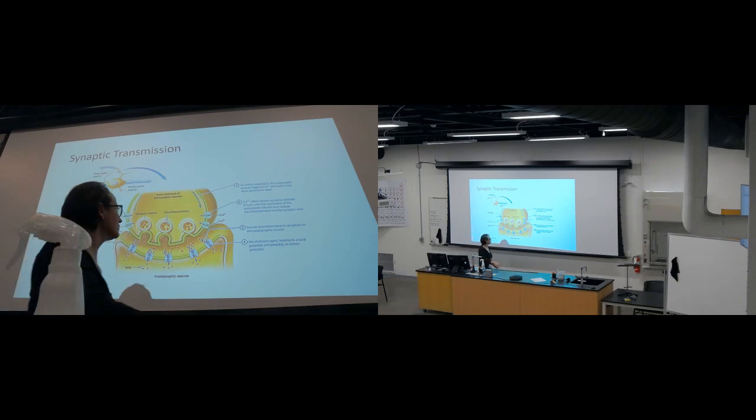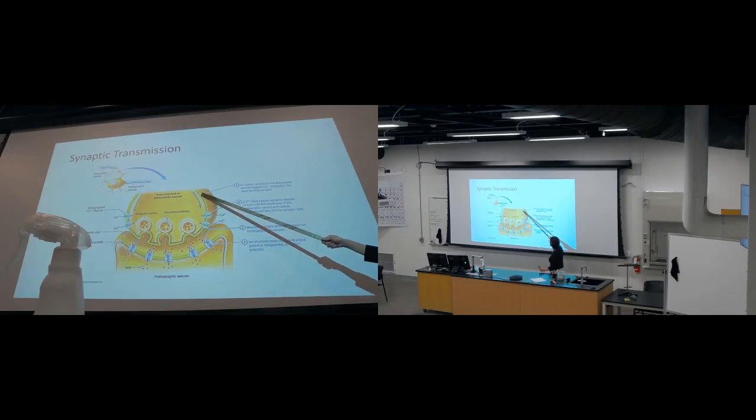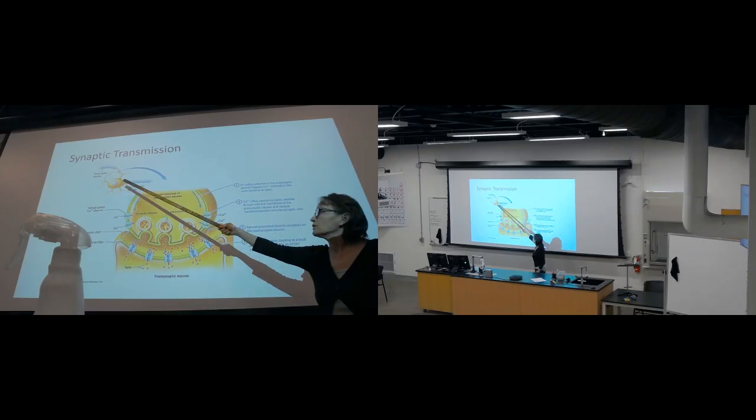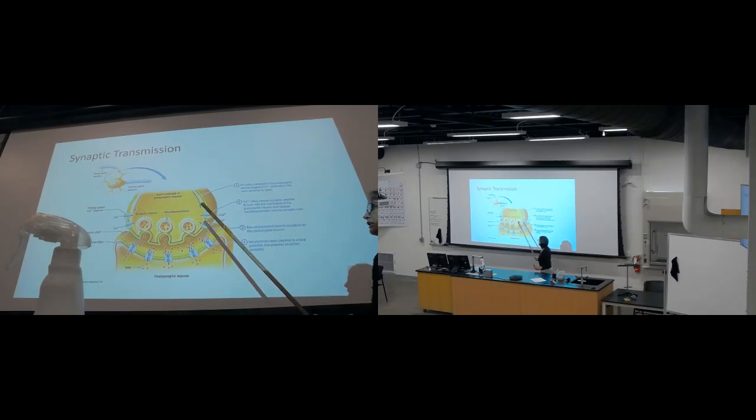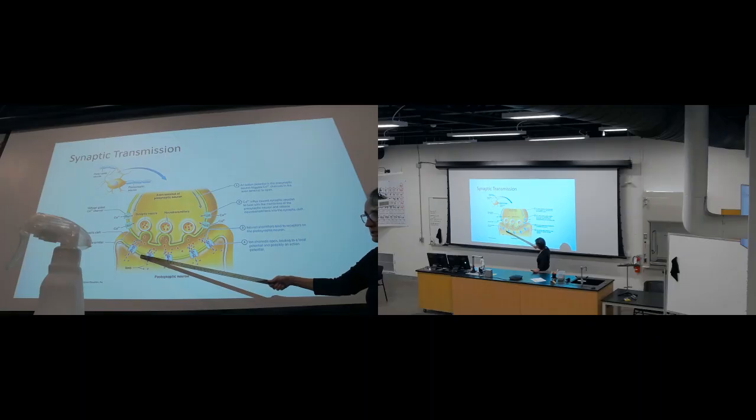So here we have the example then of what happens in synaptic transmission. So again, you have an action potential that flows from the body into the synaptic terminal, and then you open your calcium channels, calcium rushes in, your neurotransmitter vesicles fuse to the plasma membrane, and then you exocytose or release these neurotransmitters by diffusion from more to less.